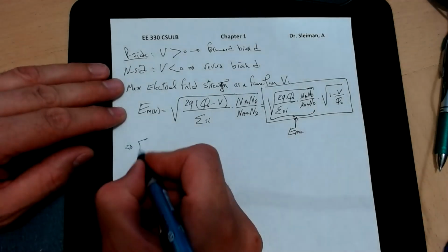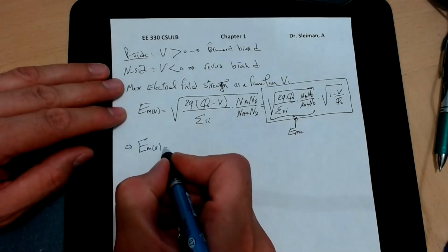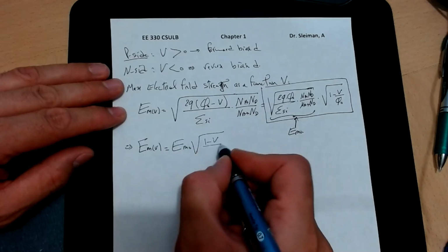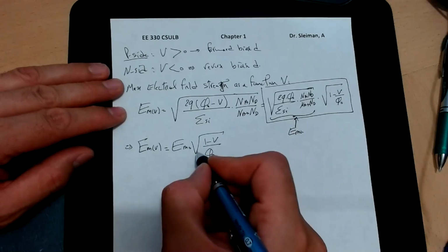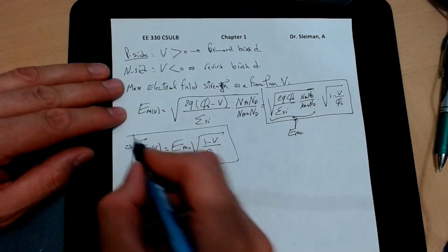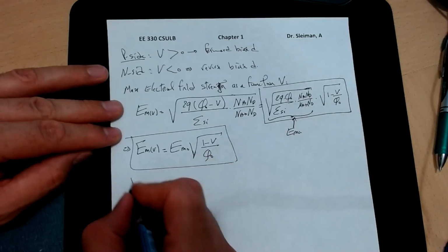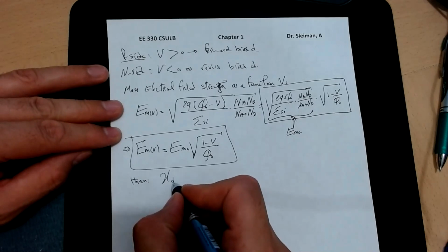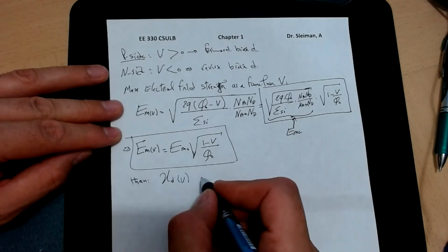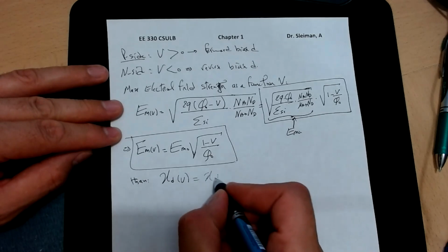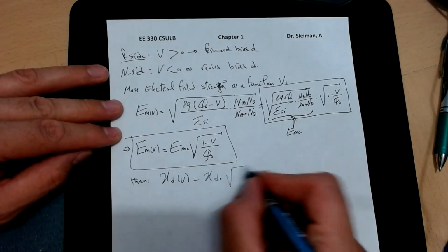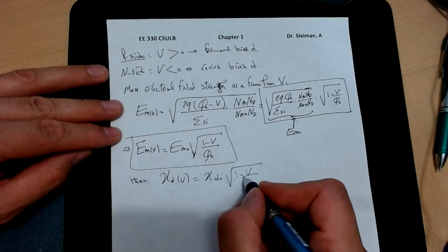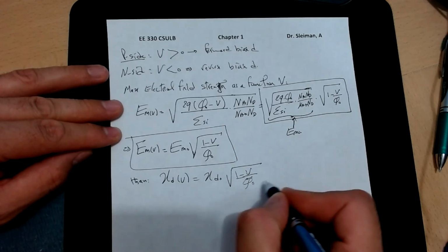So we can write EMV as EM0 times the square root of 1 minus V divided by phi 0, whole thing under the root. Then XDV is equal to XD0 times the square root of 1 minus V divided by phi 0.